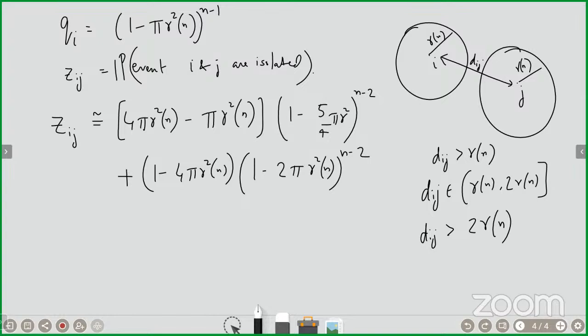All right, so what have we got? Finally, the probability of isolation is greater than or equal to the sum from 1 to n.